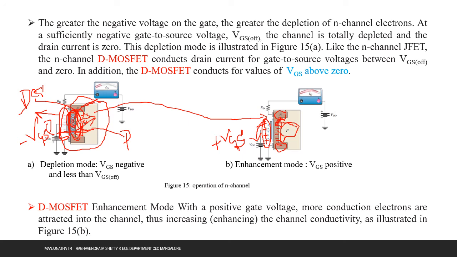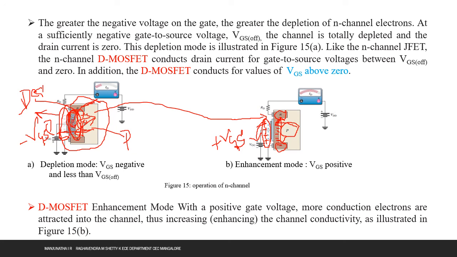The device is the same, but we operate it in two different ways. How is it possible? Just by changing the polarity of the voltage that we give to the gate. This is very, very important to understand.